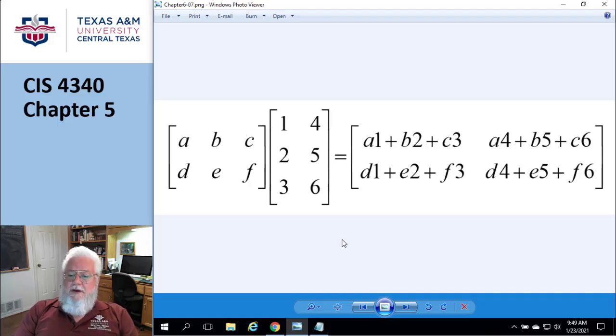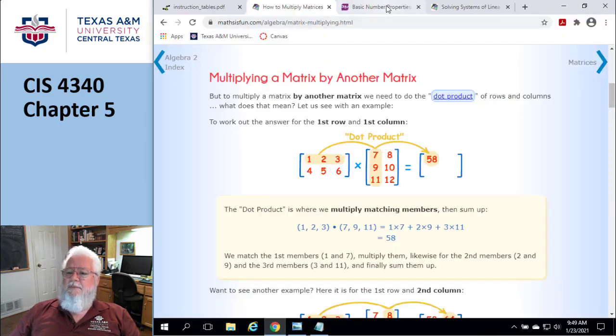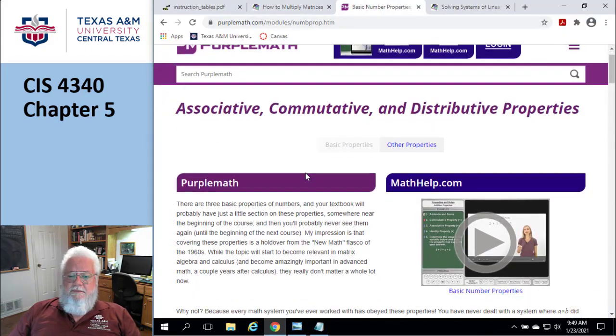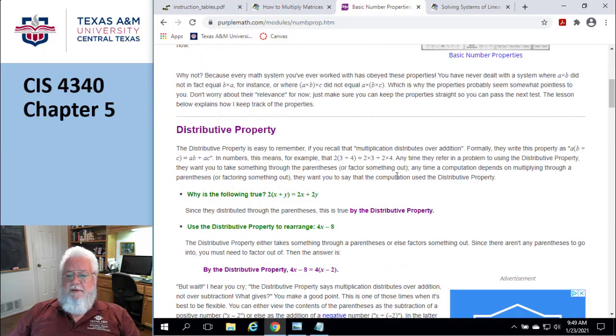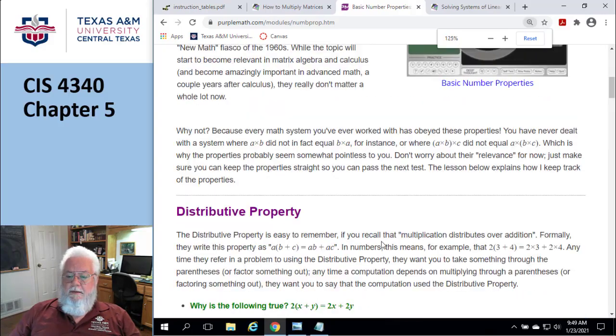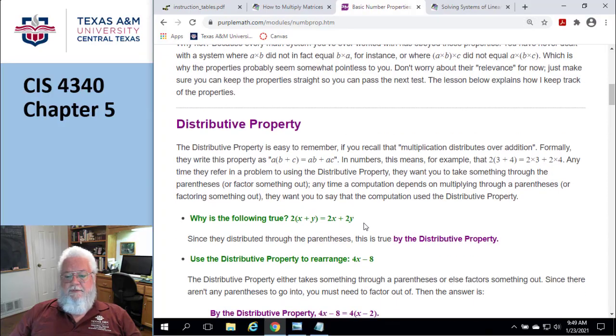Okay. So you guys remember the distributive property and the commutative property, associative property? Maybe? Okay, let me bring up Math is Fun one more time. So, distributive property means I can do something like this. I can say, 2 times x plus y is the same thing as 2 times each one of those guys.